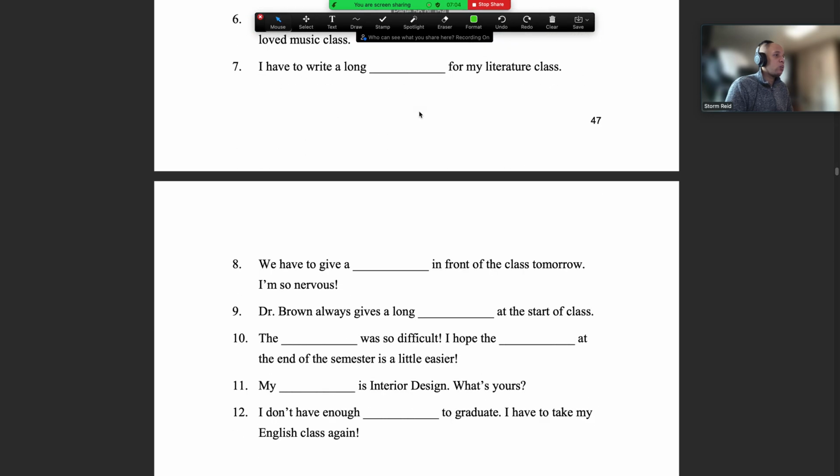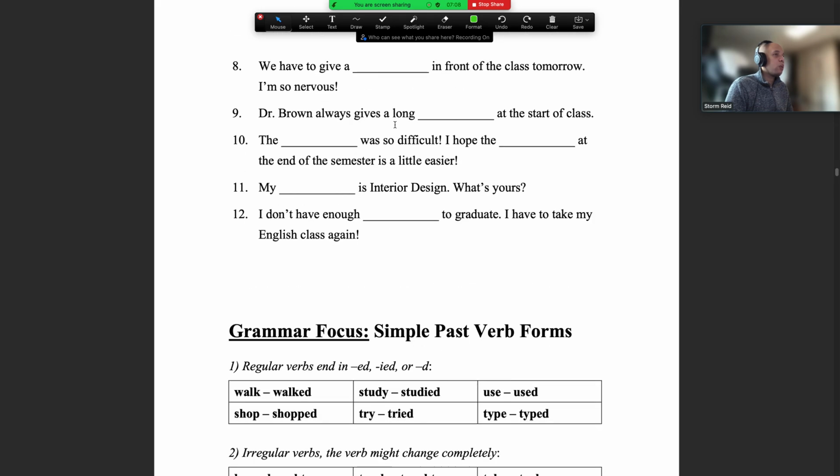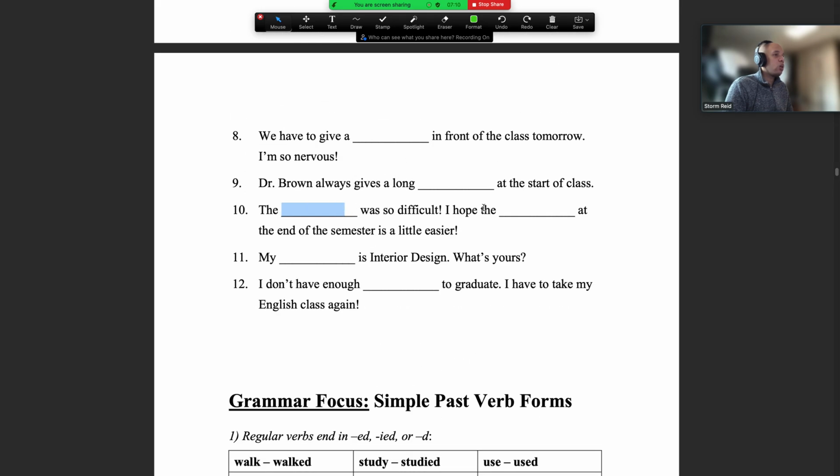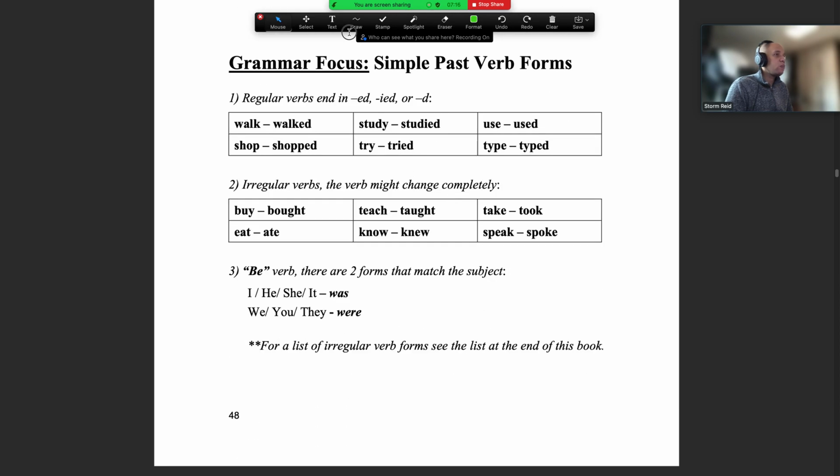All right, so those are the words there. Only 12 questions here, guys, but some of these questions have 2 blank spaces, right? So still there's 15 words to enter. All right, so what is the grammar focus today? Like I said, it's simple past verb forms. All right, so we're focusing on 과거형.